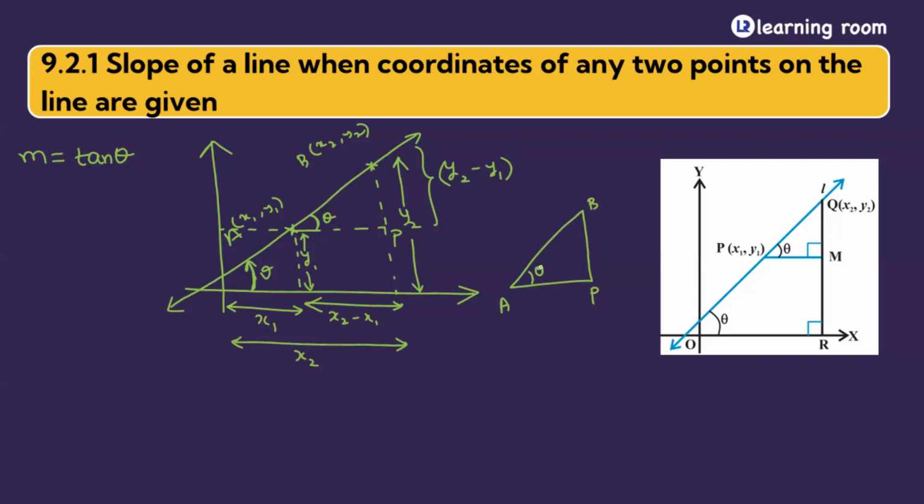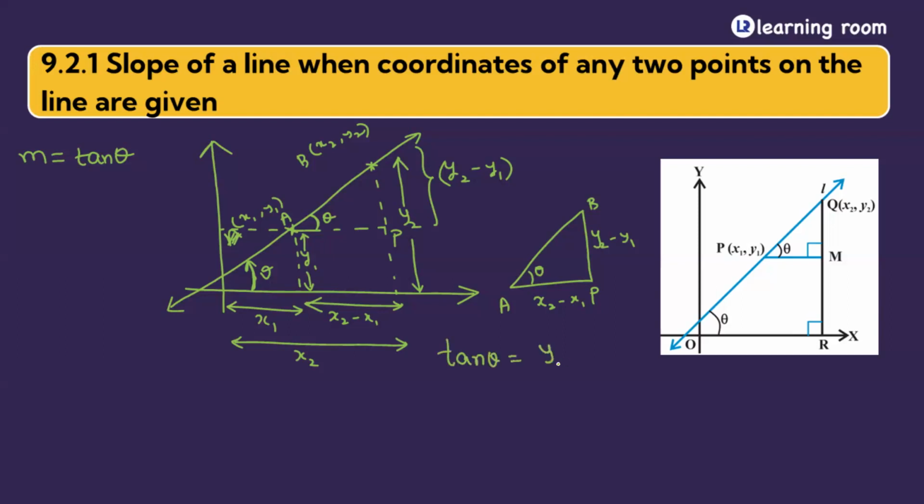Now you tell me what is AP. A is this point. Okay, what is AP? You have the distance. AP is x2 minus x1. What is BP? y2 minus y1. So from this triangle, what is tan theta?